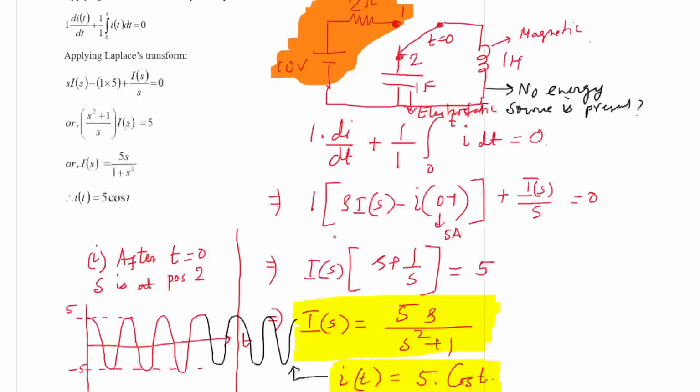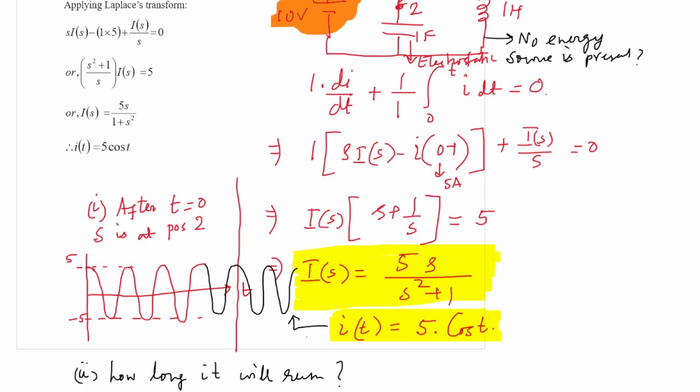Now let us consider the positive cycle. This inductor stores energy, and during that positive cycle capacitor discharges. And in the negative cycle, inductor discharges, and that discharging energy will be captured by the capacitor, which will charge.